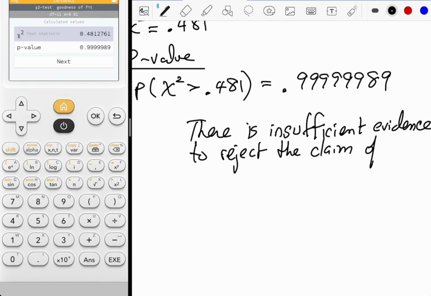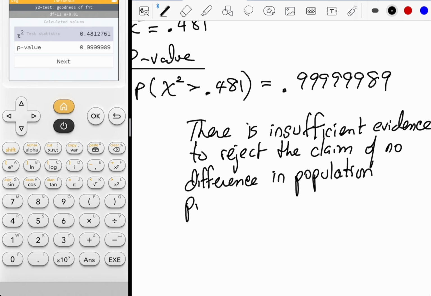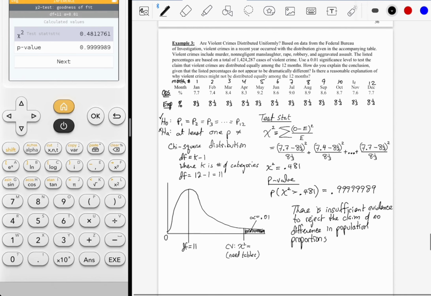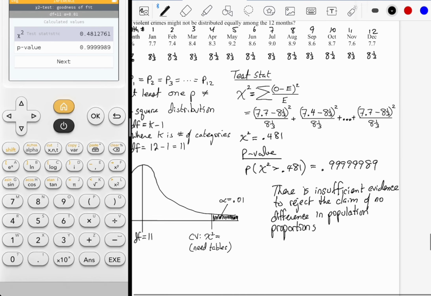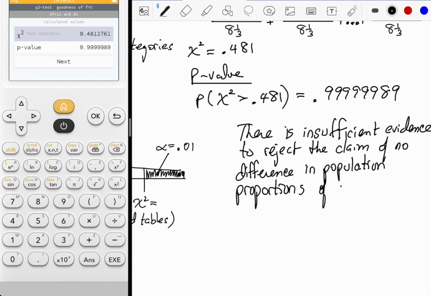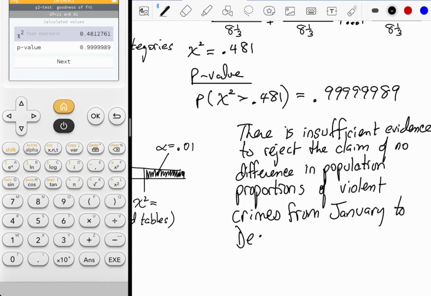So I'm going to paraphrase and say of no difference in population proportions of violent crimes from January to December, at the .01 significance level.